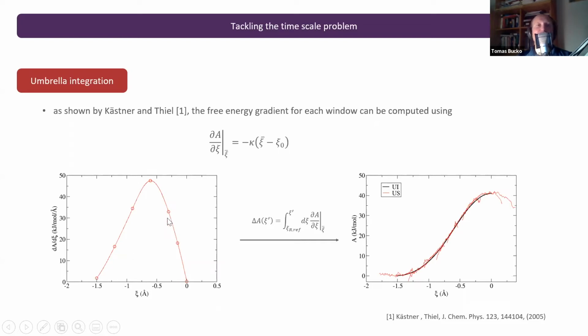Here I apply the equation and plot the free energy gradient as a function of psi. This can then be turned into a free energy profile just by integrating gradients over the reaction coordinate. And this is what we get.